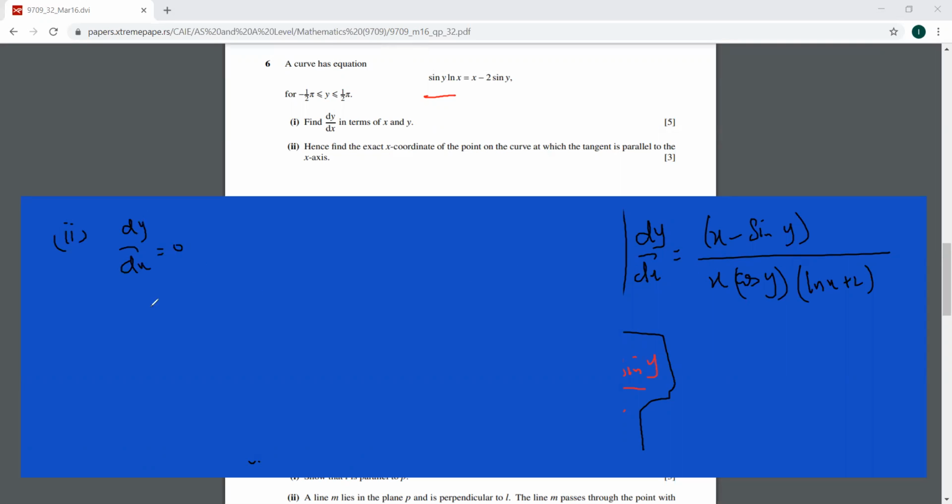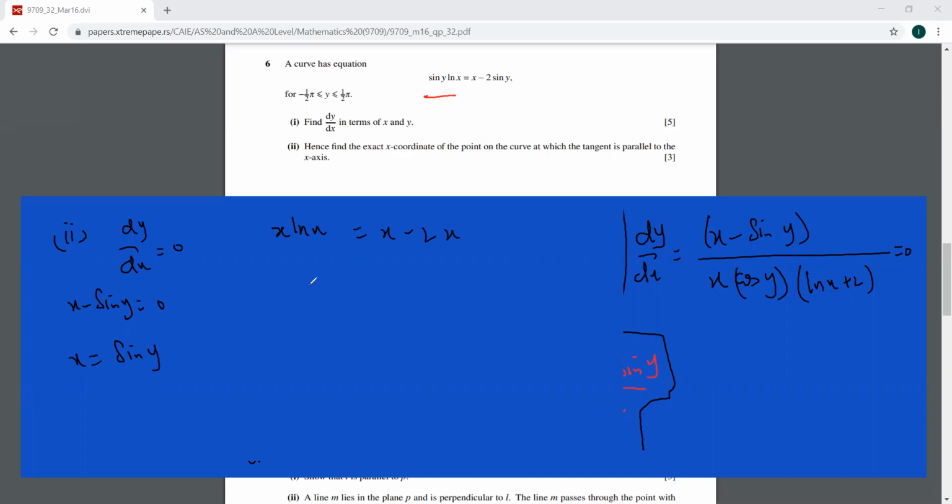So when you put that equal to 0, you see this denominator will be cancelled out. So you only have x minus sine y, that is equal to 0. So your x is equal to sine y. So in the equation, you can put your sine y as x. So this becomes x ln x, that is equal to x minus 2x.